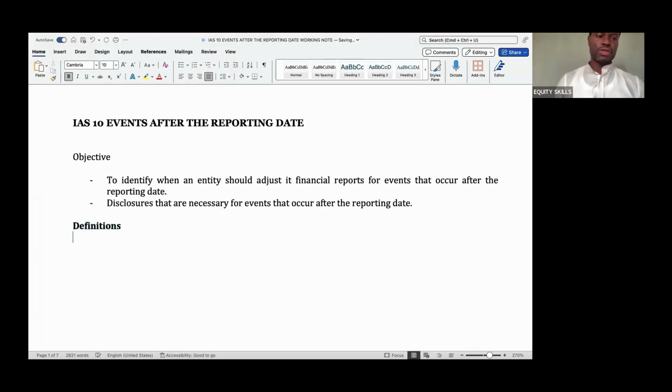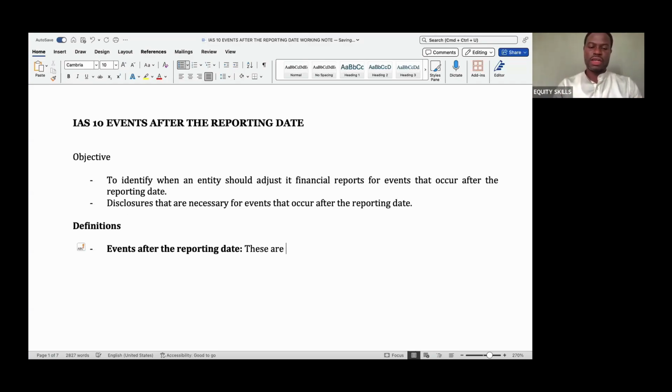Okay, so there are certain terminologies that we need to learn. The first one is events after the reporting dates. What do we mean by events after the reporting dates?